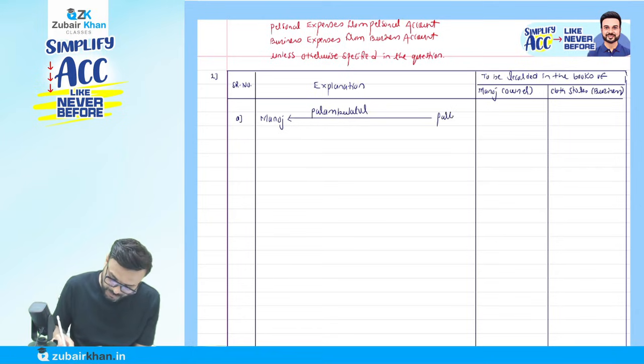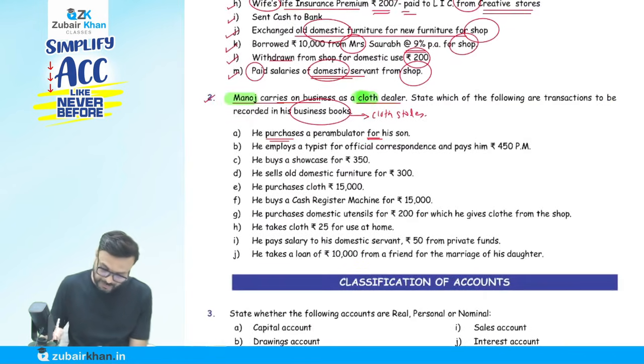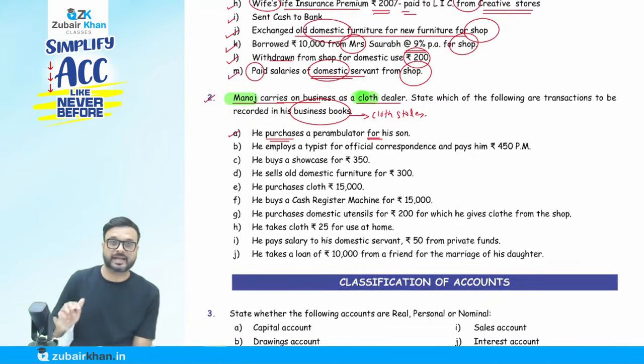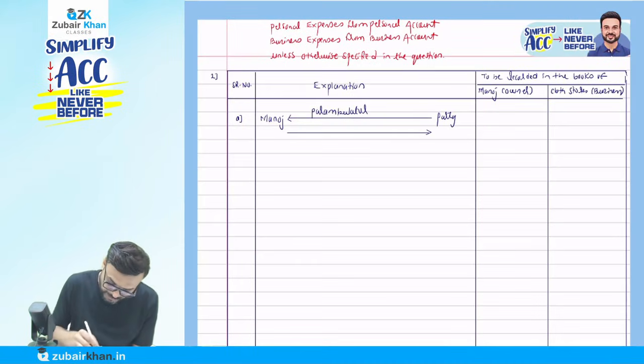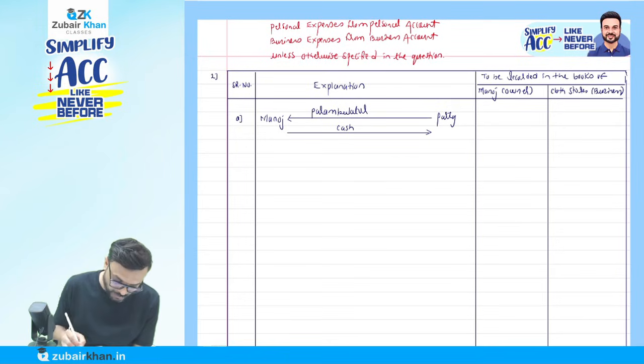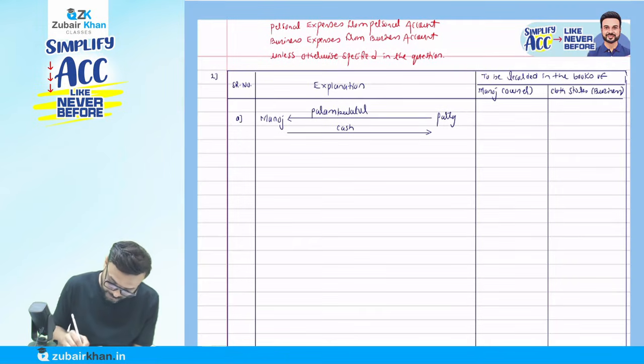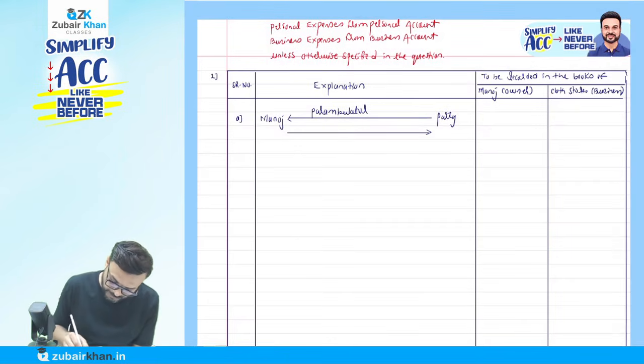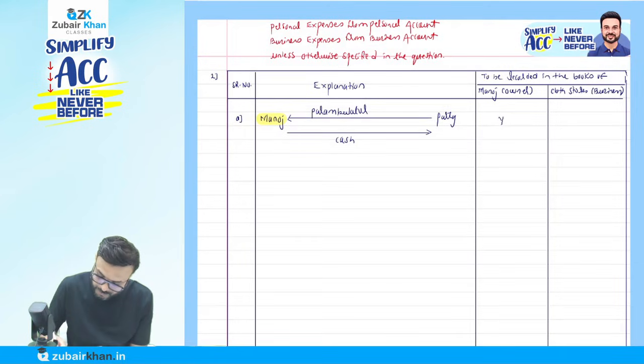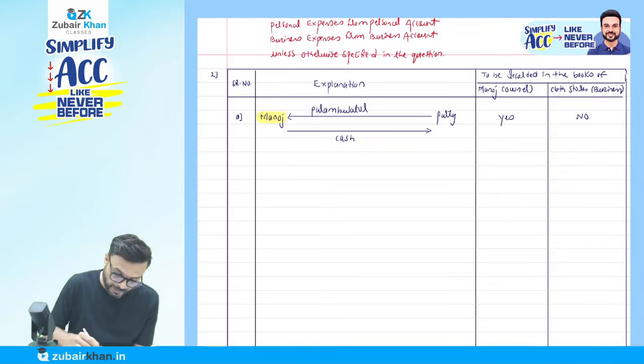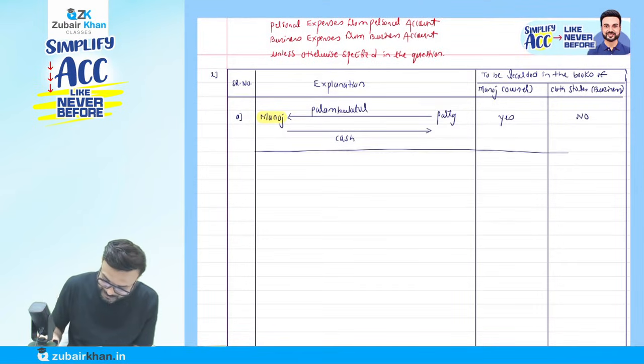The name of the other party is not given, and it is not mentioned whether cash or credit, so we'll say it's a cash transaction. So he pays certain cash for it. Business is not involved here. Manoj is involved, and Manoj is the owner, so it will be recorded in the books of Manoj, not in the books of the business. Simple.